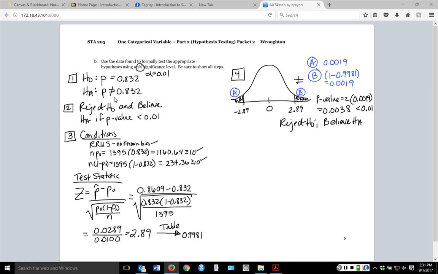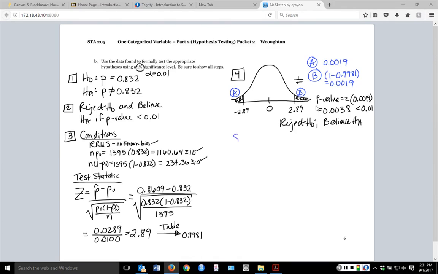So now I need to figure out, well, it has changed, but what's happened to it? Has it gone up or has it gone down? And that's finally where this test statistic is important to me. The fact that it is positive is going to tell me that I'm going to have a greater than.